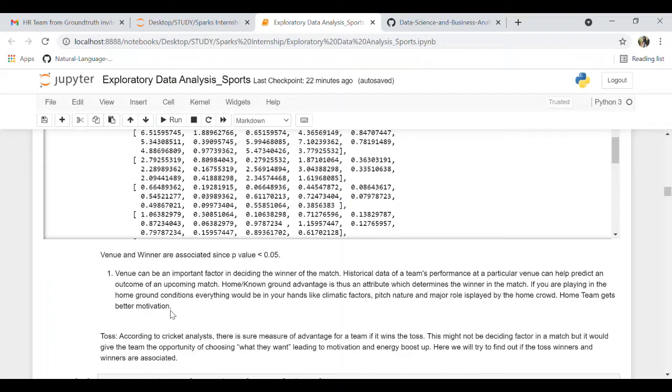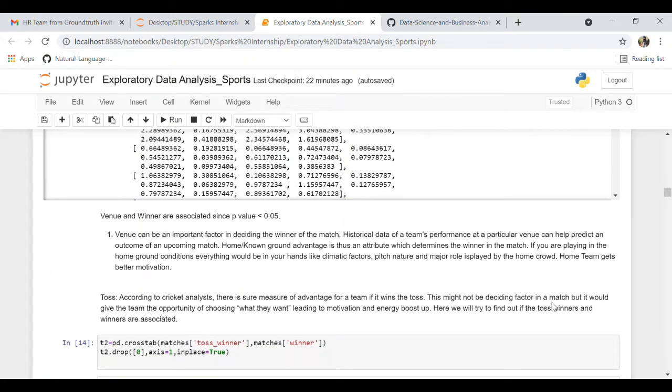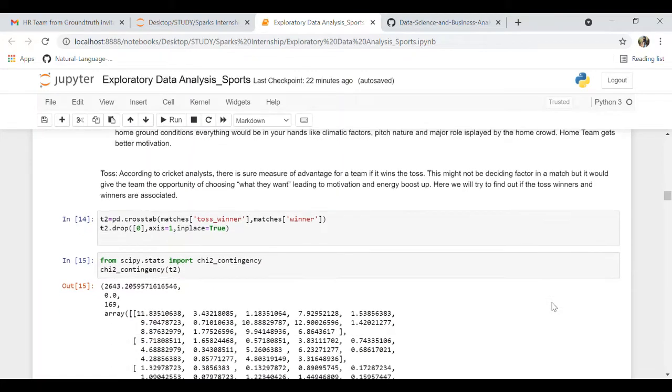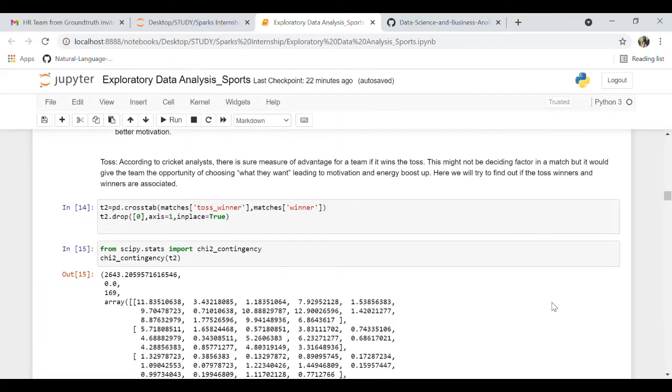Because of the home ground, whether the team is playing in the home ground or a known ground, it will be aware of the climatic factors, the pitch nature, and also be acquainted with the home crowd, which will make the team excited and motivated to play, right? The toss winner and winner might also be associated.